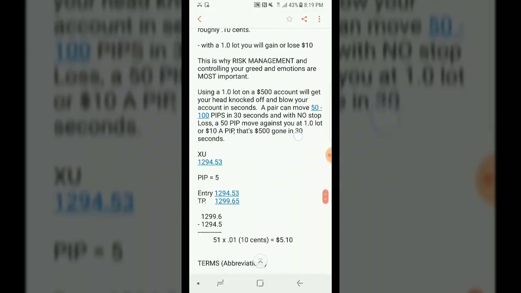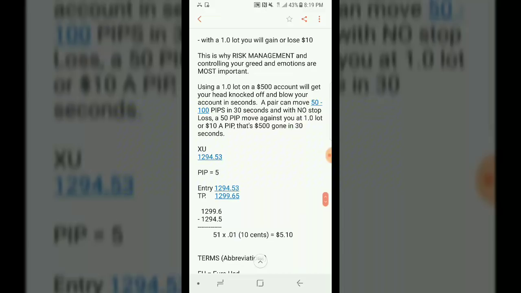Now let's look at XU. It's a little bit different, and that value is 1294.53. The pip is the 5. In this setup, the micro pip is the 3. We don't really look at the last number when you're doing calculations. Let's say you have an entry of 1294.53, and we set a TP or take profit at 1299.65.